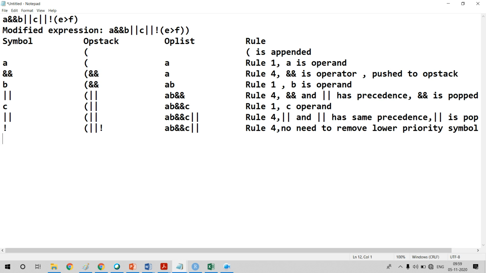The or is of lower priority, so no need to remove. The next symbol is open bracket, which must be added to the OP stack. So this part is as it is, as per rule number 2. The rule number 2 says that if it is left parenthesis, push that to the OP stack.